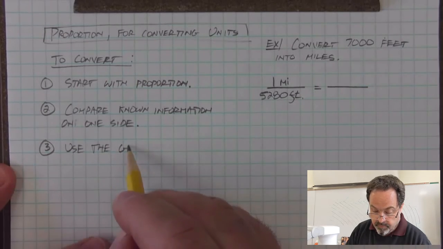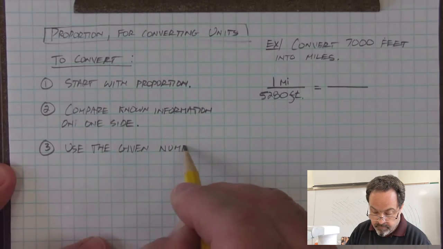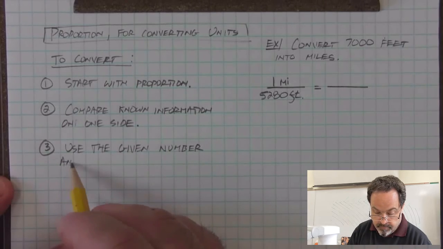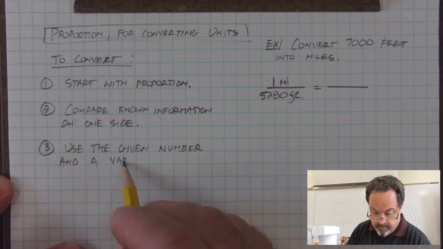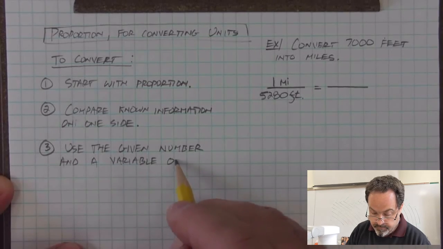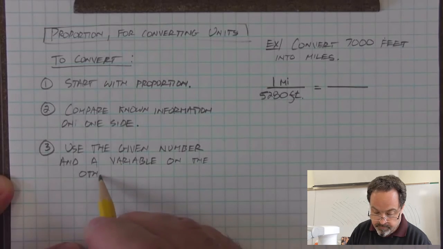Use the given number and a variable on the other side.